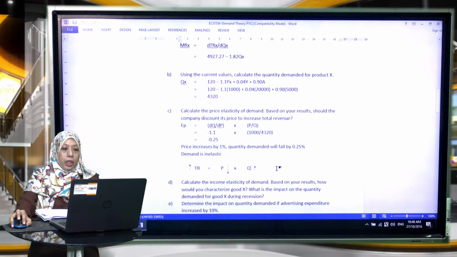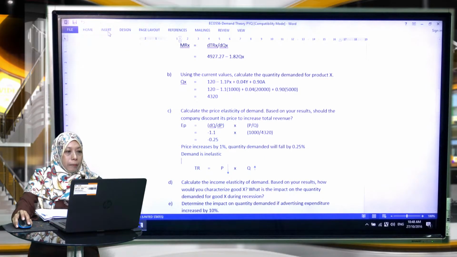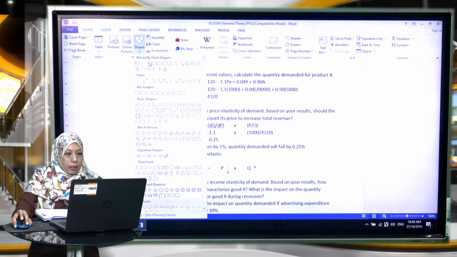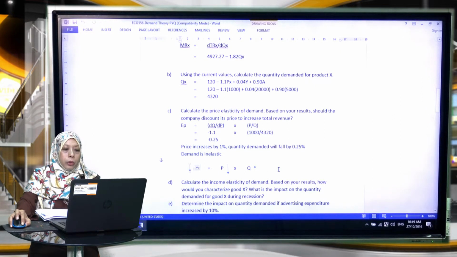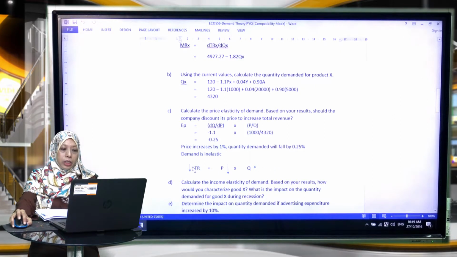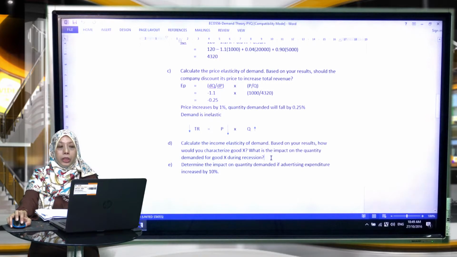So if you have found out that demand tends to be inelastic, then you shouldn't give a price discount, because by giving a price discount, your total revenue will fall. So it's not advisable for you to give a price discount. Now let's proceed to the next question.